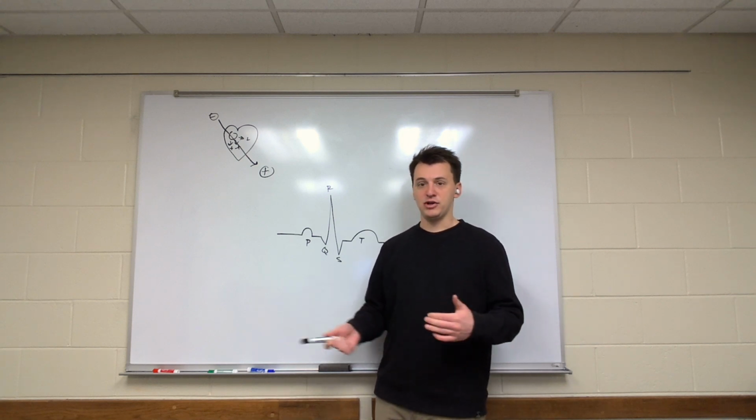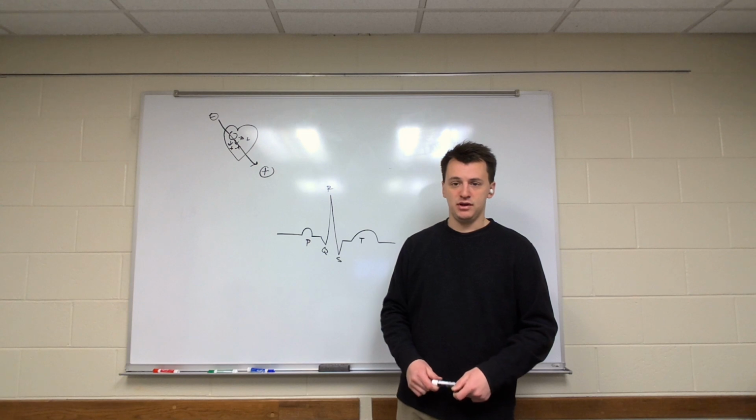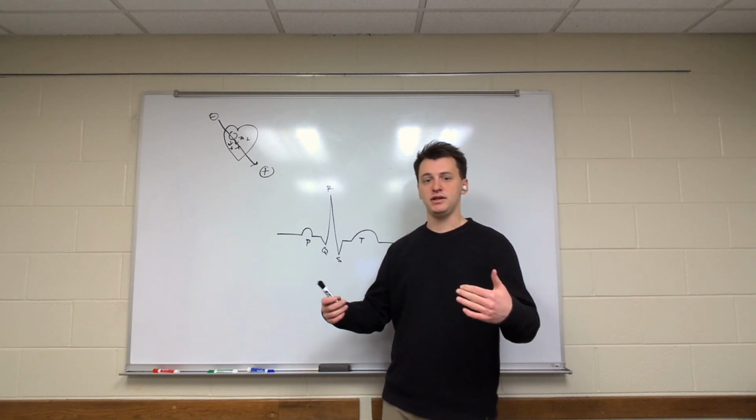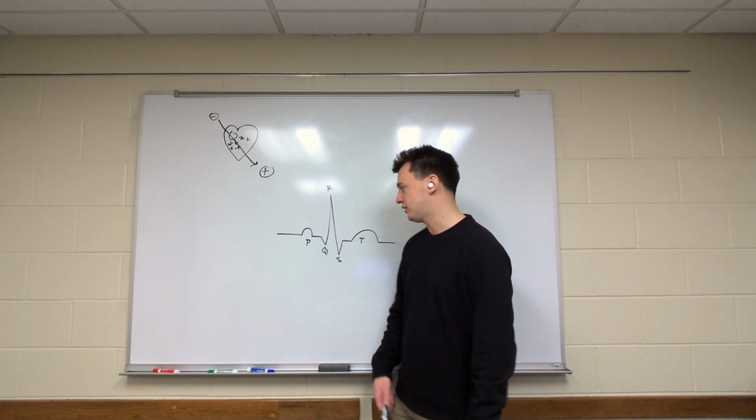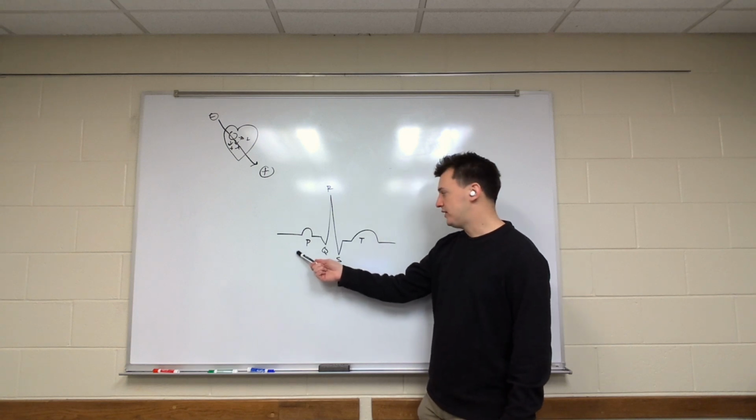And then we have an increased heart rate, because beta-1 adrenergic receptors increase the current, giving a faster pacemaker potential. Anyway, so we have this atrial depolarization at the P wave.